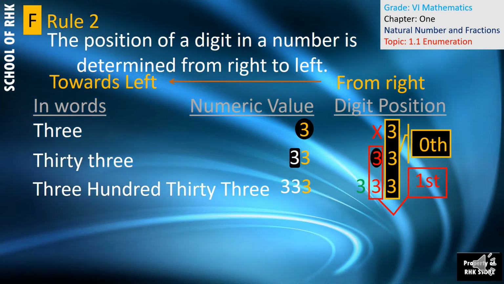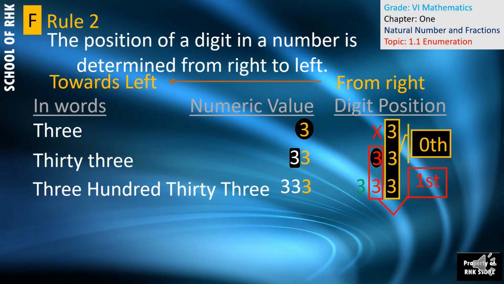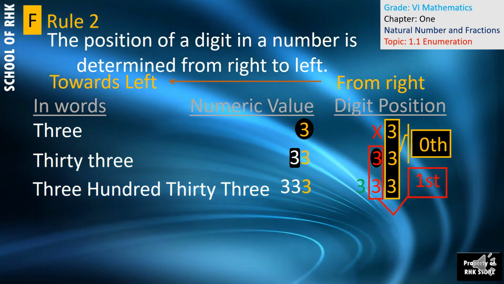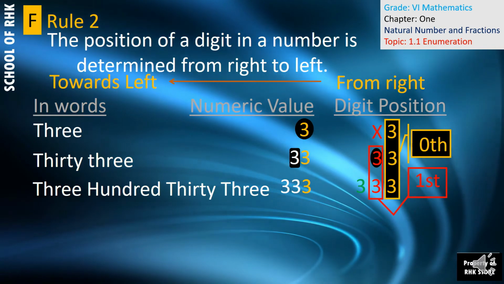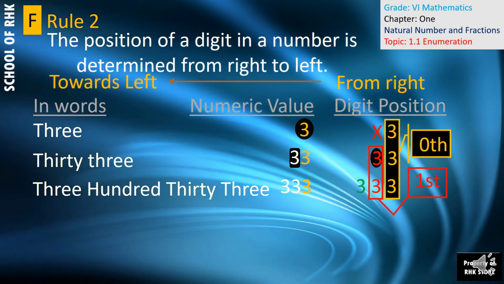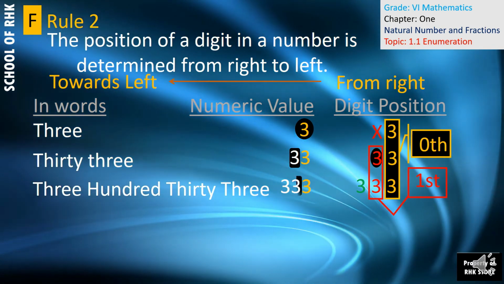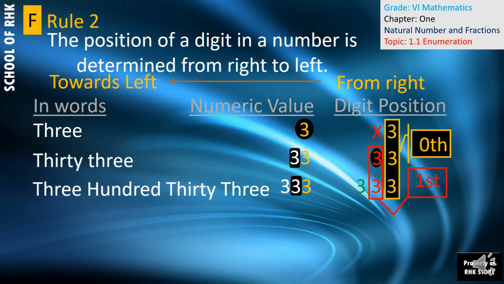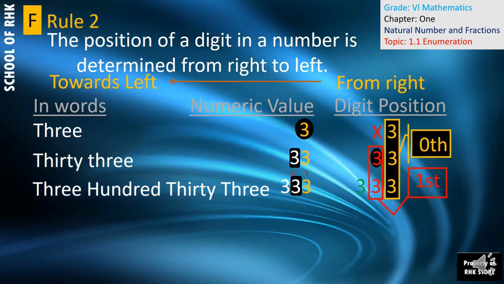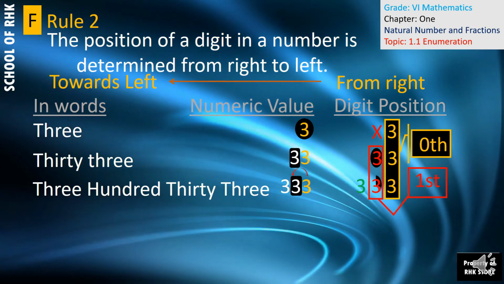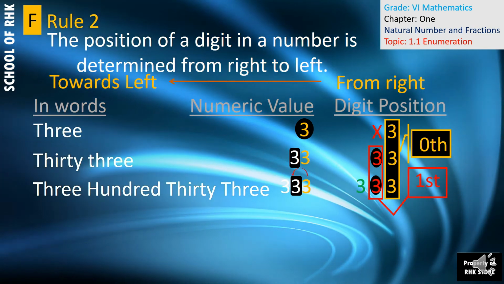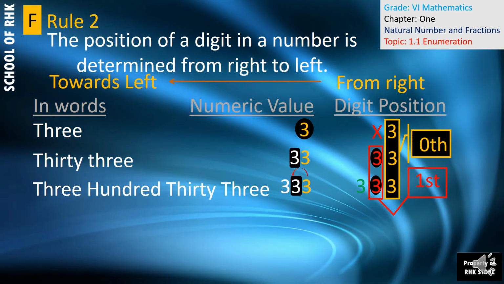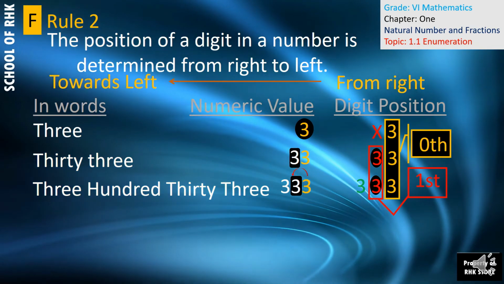If we look at the position of the digit of the number 333, then there is a digit which is 3, considering the 0th or extreme right digit 3, on the left of it. It is marked in red color, considering the 0th or extreme right digit of the number 333.